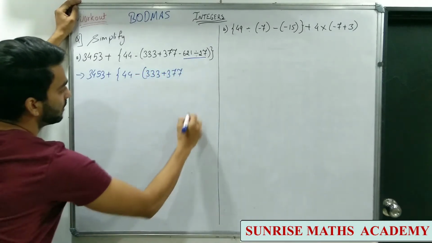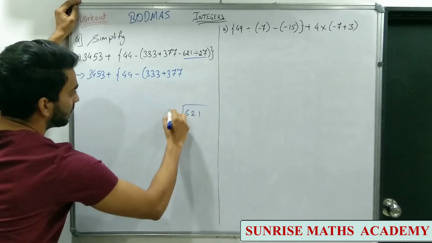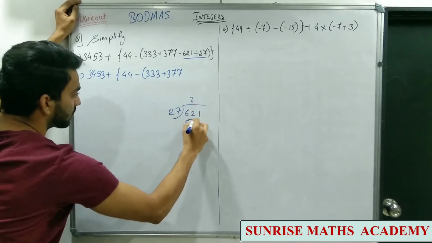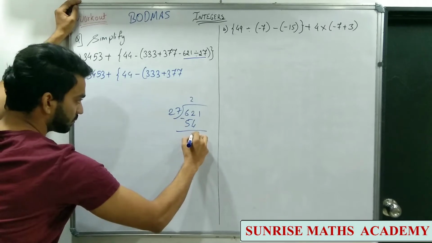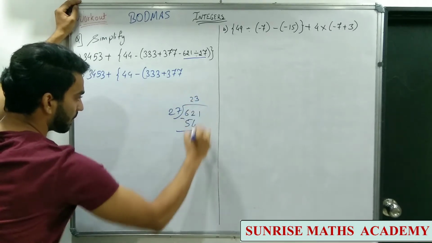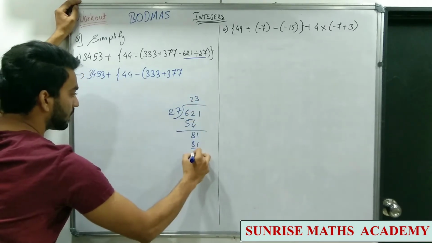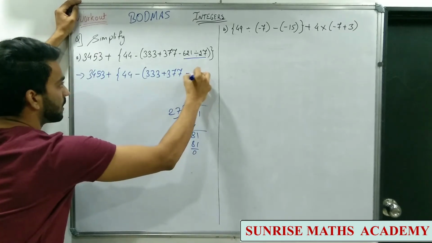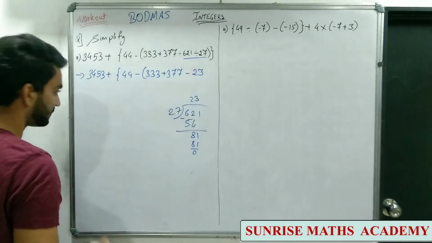So 621 divided by 27. So here we get 23.